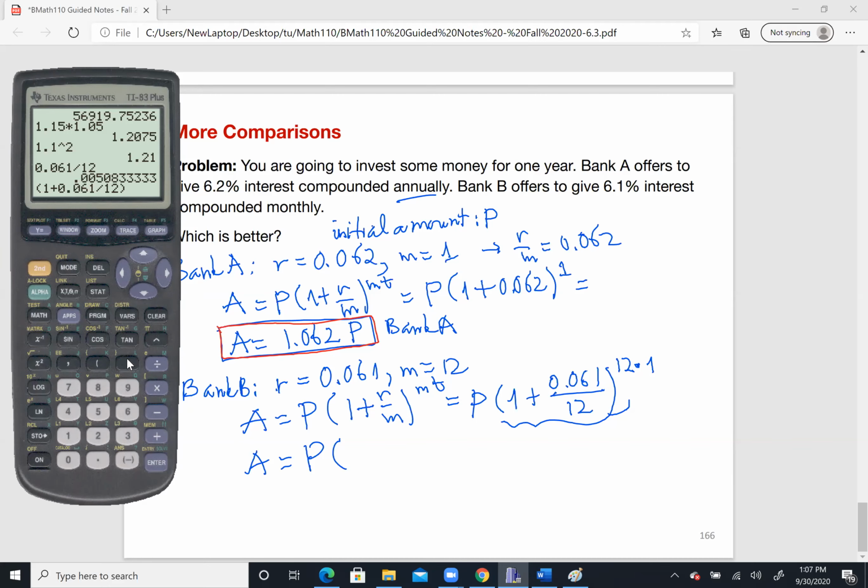And then close parentheses and to the power 12. Okay, and now at this point you can round it, right?